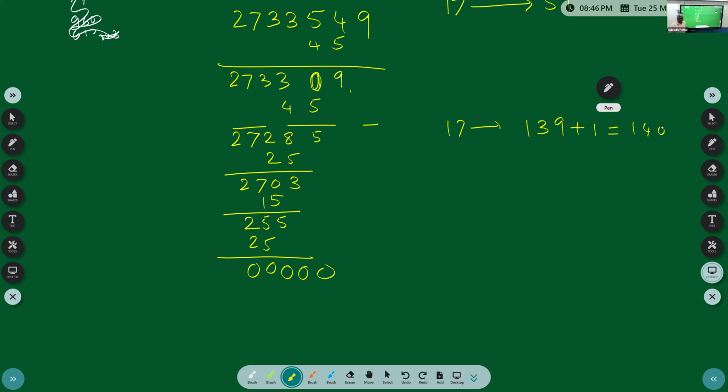So multiply unit place by 14 and add. 17 7 चा केलं ना आपण. Yes. So that should be 119.